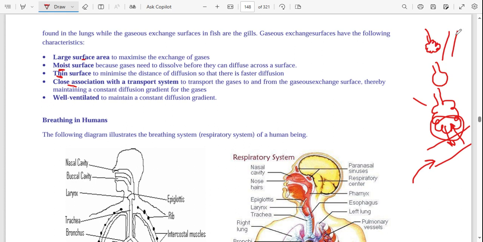Because if these were far, it would take some bit of time for gases to move. Imagine you have got the alveolar here and then the blood vessel is here. It would take more time for gases to move all the way up to here and back. Okay. And then also the alveolars are well ventilated.